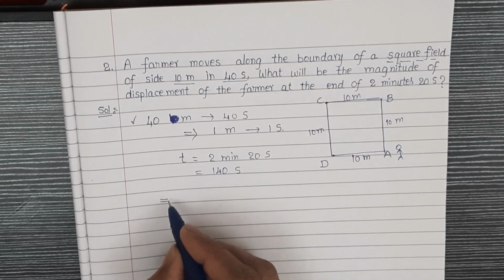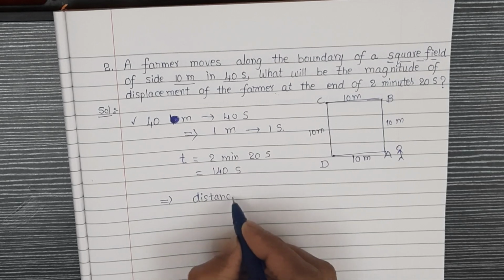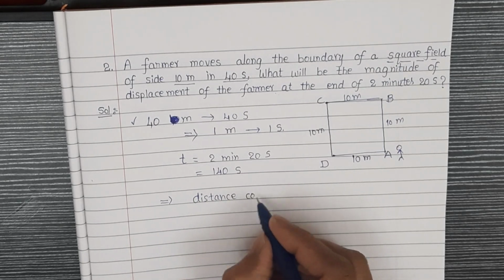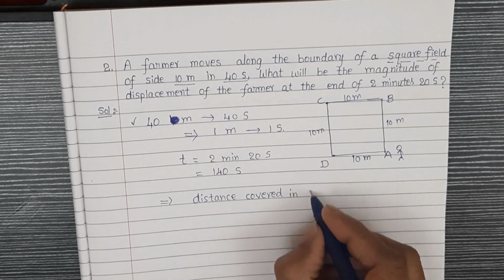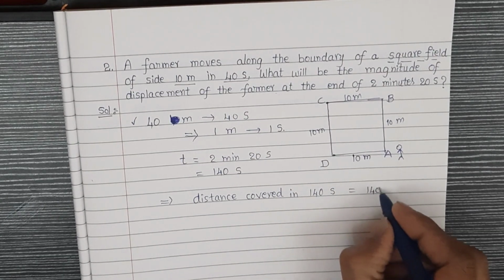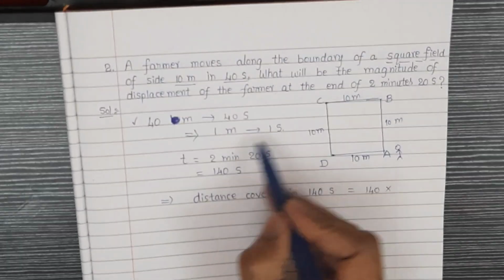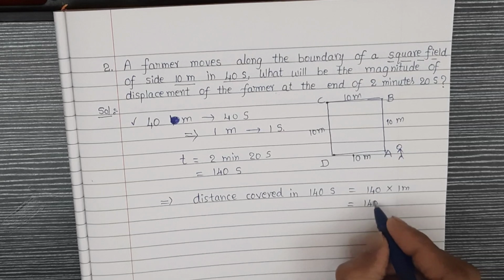So it is clearly evident the distance covered by the farmer in 140 seconds would be 140 meter. Distance covered in 140 seconds is equal to 140 seconds into 1 meter in each second. So that will come to 140 meter.